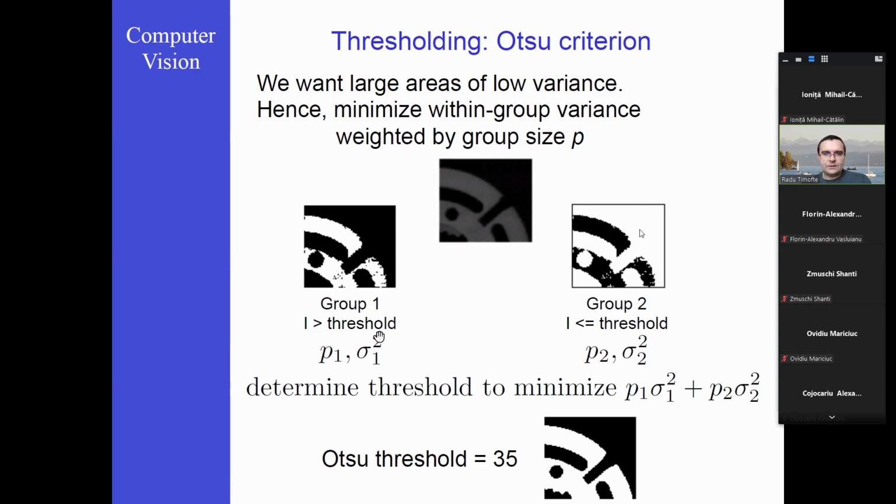As the groups are defined as those pixels above some threshold and below some threshold, we just want to minimize this expression with respect to the threshold. And we are getting an optimal value according to this expression of 35 in this case, and a clear, nice separation of the two segments here.